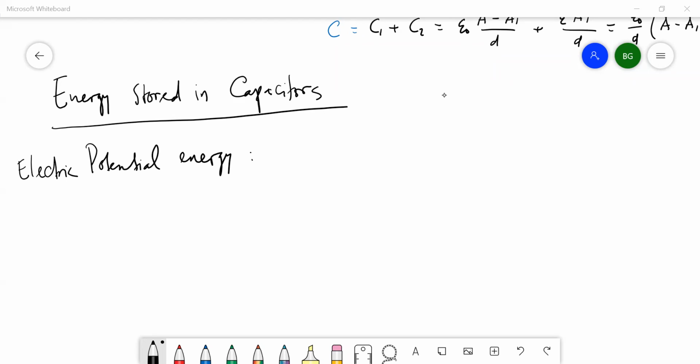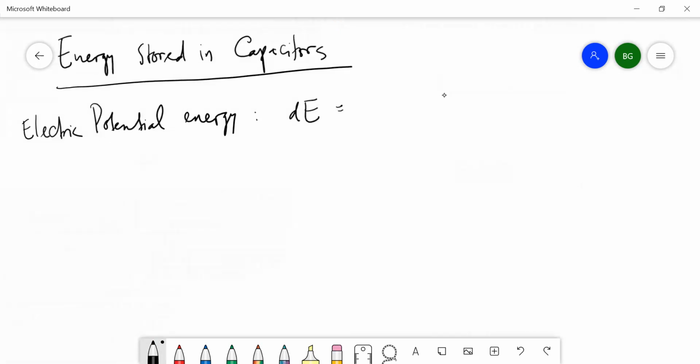In terms of potential, let's say not U, maybe dE equals to.